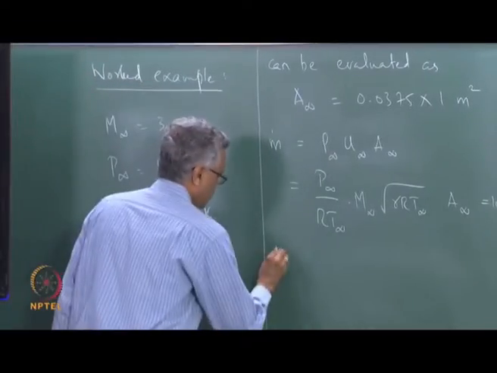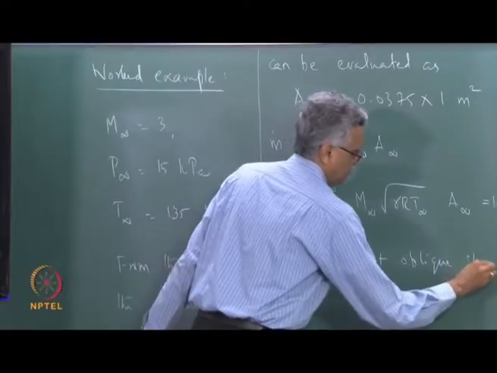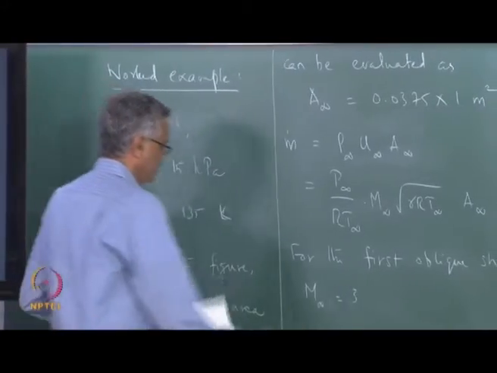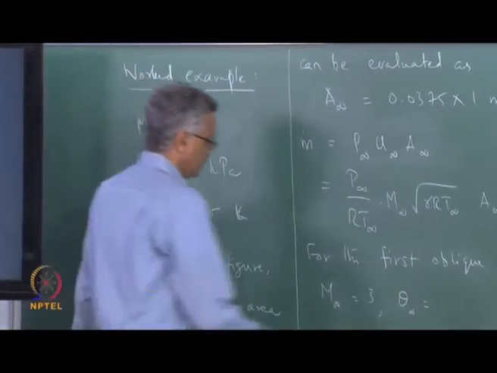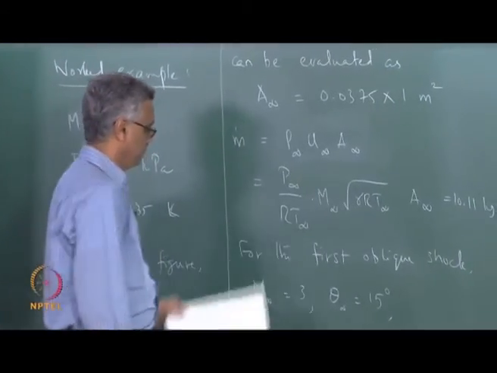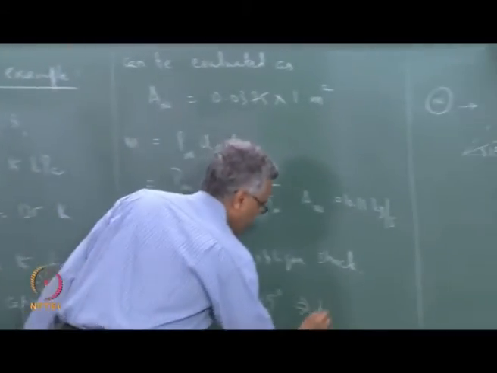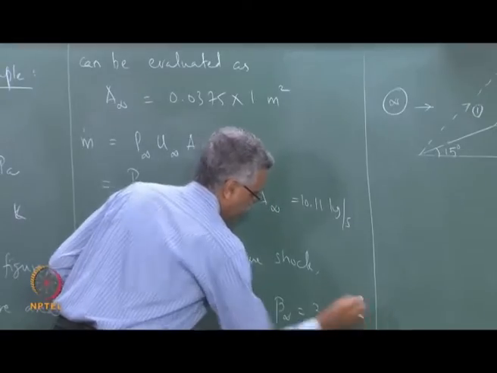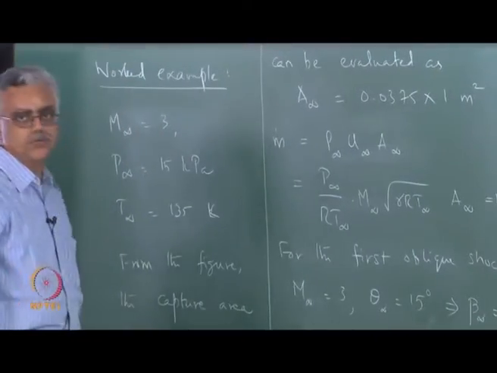So, for the first oblique shock, M infinity is equal to 3, theta infinity is equal to 15 degrees, and from the oblique shock table, this tells me that beta infinity is equal to 32.32 degrees from the theta-beta-M relation, or from the oblique shock table we get this to be 32.32 degrees.